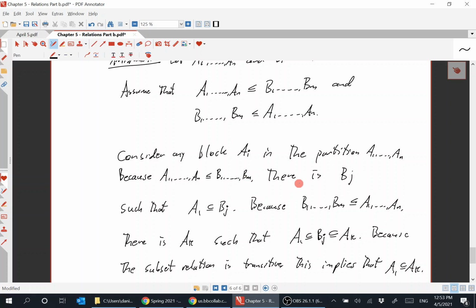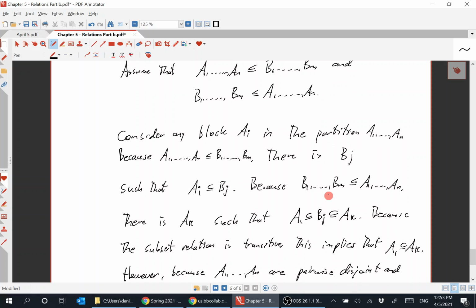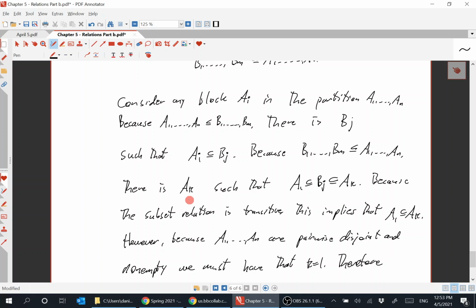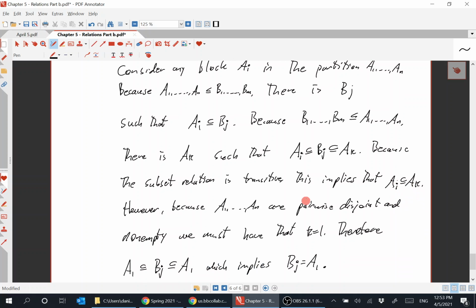Because this is true, there is B_j such that A_i is a subset of B_j. And then because the partition into B's is less than or equal to the partition into A's, there is an A_K such that A_i is a subset of B_j is a subset of A_K. Because the subset relation is transitive, A_i is a subset of A_K.